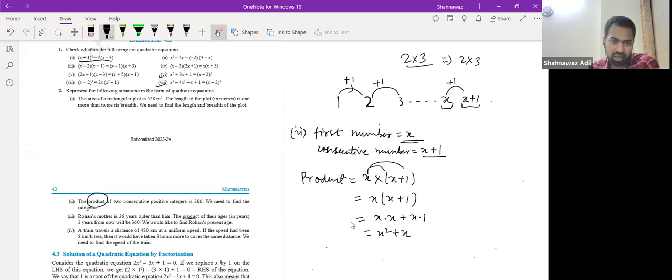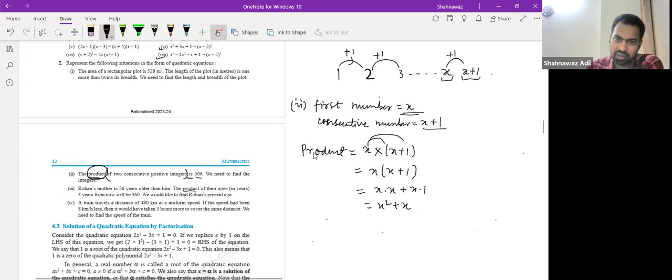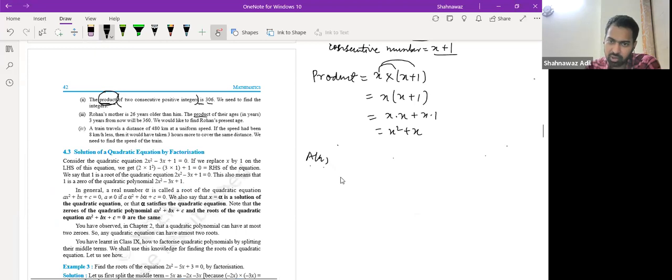Now, what is given? The product is 306, right? So let's forget about these lines and just focus. According to the question, the product is 306, and we have calculated the product as x square plus x.